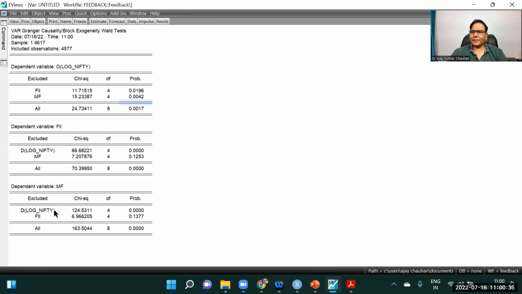So we can say that the Nifty is caused by both, because both are the investors, big investors. And mutual fund and FII are not causing each other, but they are caused by the market. So this table you need to report in the paper. The simple explanation is that which variable is caused by which independent variable. All variables come one by one.